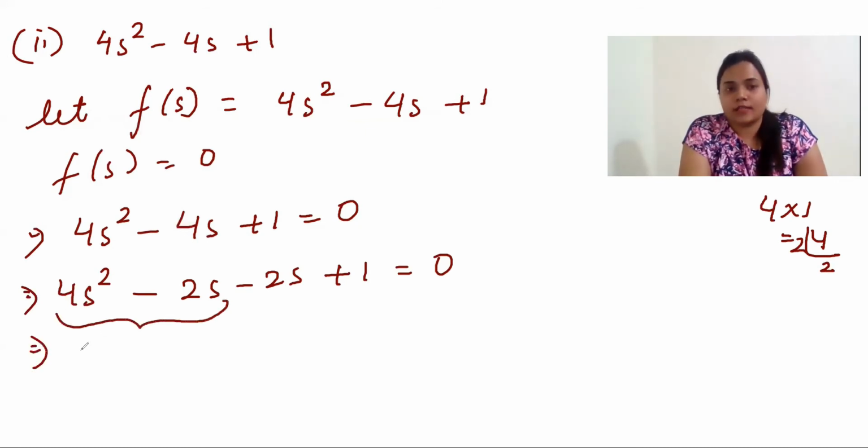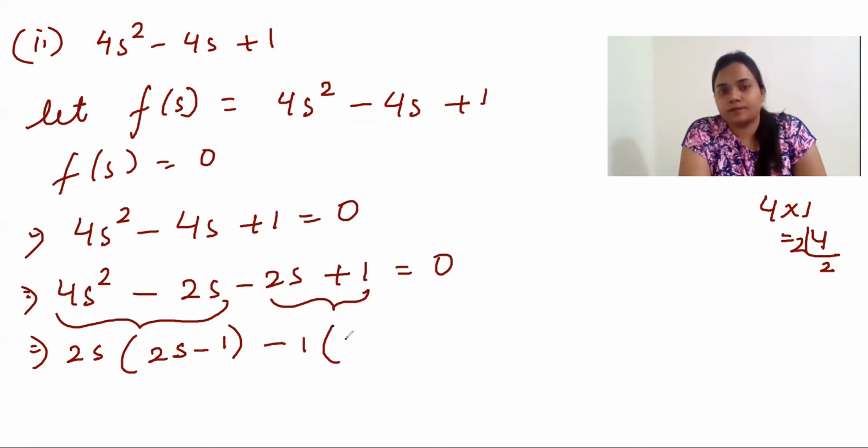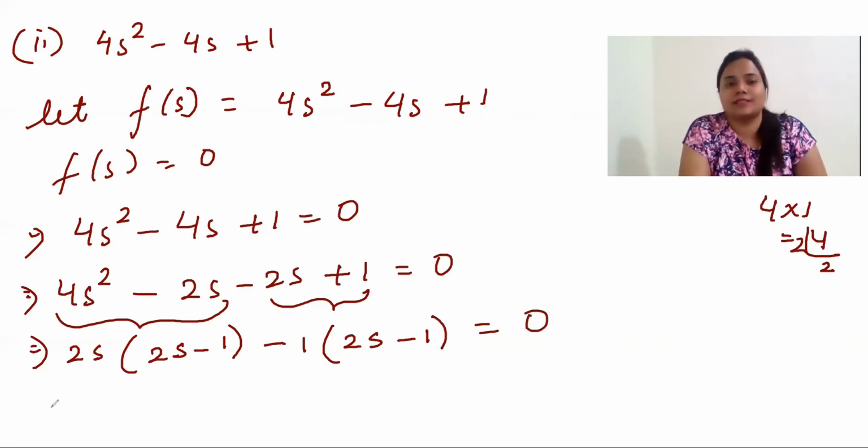From these two, I can take 2s common, and I will be left with 2s minus 1. From these two, I can take minus 1 common, and I will be left with 2s minus 1. Again, see, the terms inside the bracket are the same. It means I have taken the factors correctly. So 2s minus 1, we add the numbers outside the bracket that we write first, and we are left with 2s minus 1.